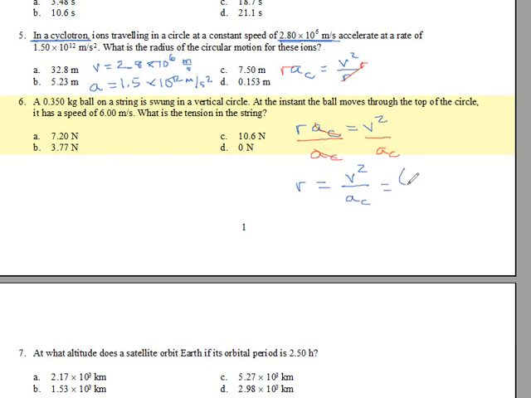V is 2.8 times 10 to the 6. Don't forget to square it. And our acceleration is 1.5 times 10 to the 12. So 2.8 exp 6 squared divided by 1.5 exp 12.